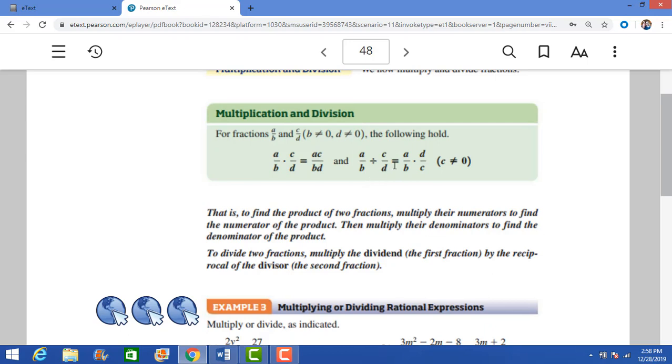Division is you have to change it to a multiplication problem by taking the reciprocal of the divisor. Okay, so this is the divisor. You're dividing by C divided by D. So you're going to change this to a multiplication problem by flipping or taking the reciprocal of the divisor, which is going to change it to D over C. So it becomes A over B times D over C, and then you can multiply across the top and multiply across the bottom.